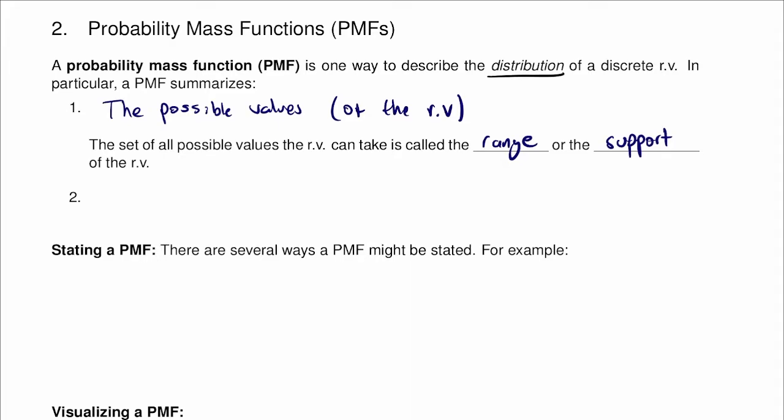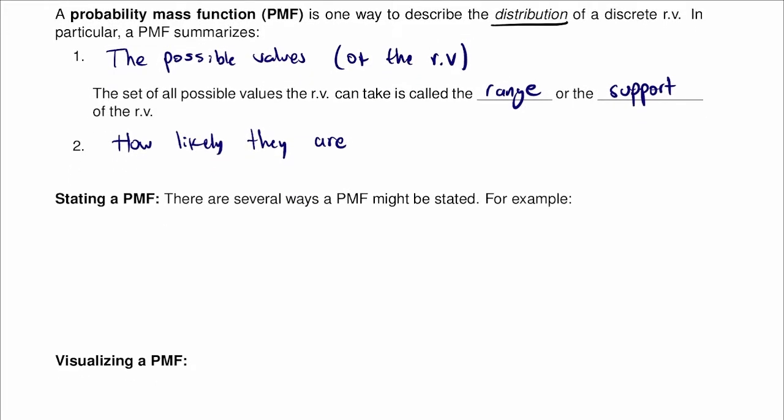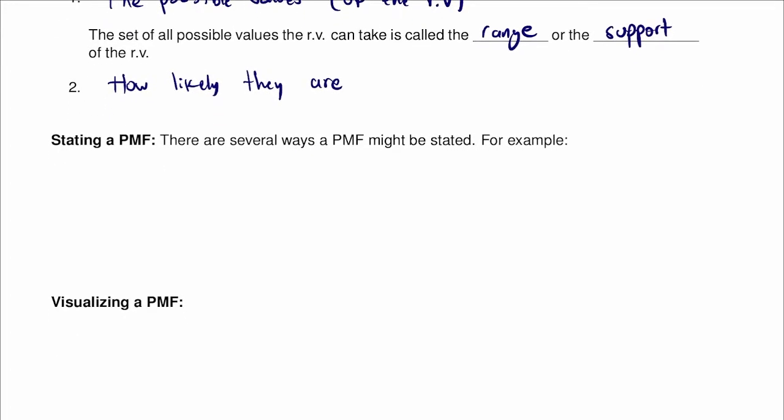And also, the PMF summarizes how likely they are. So, how to state the PMF? There are several ways a PMF might be stated. For example, we are going to see two of the more common ones.